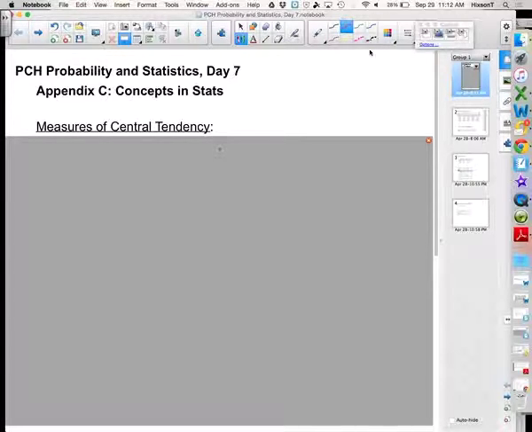You may not have called them that, but can anyone think of what we're talking about when we're talking about a measure of the center with data? How can we measure the center of data? Mean?